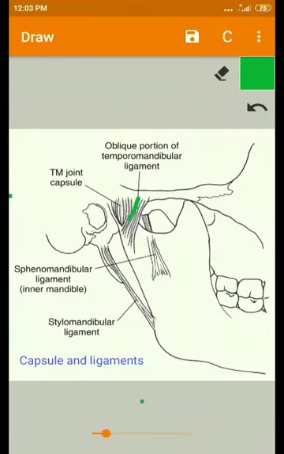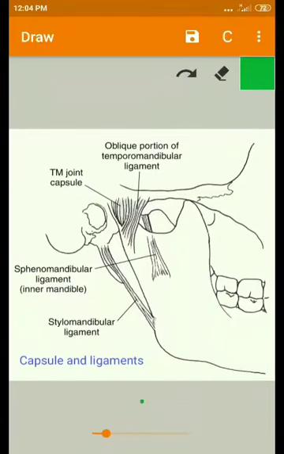These fibers will not limit the forward translation of the condyle or disc, but they limit the lateral displacement, because this ligament is supporting the lateral aspect of the joint. So this is about the temporomandibular ligament.